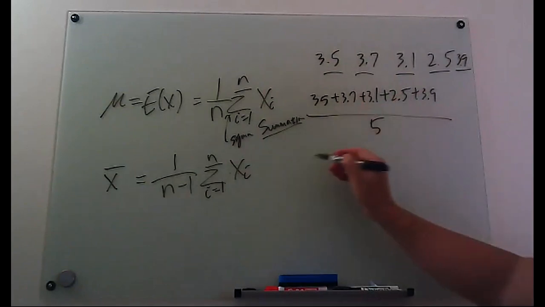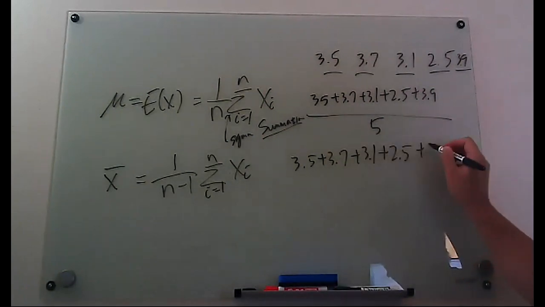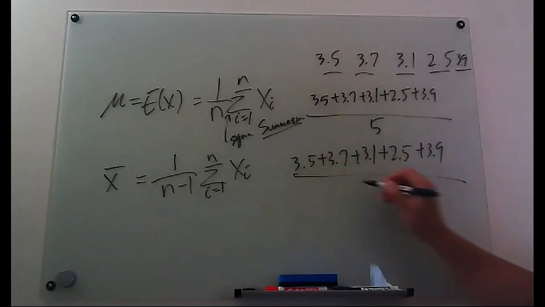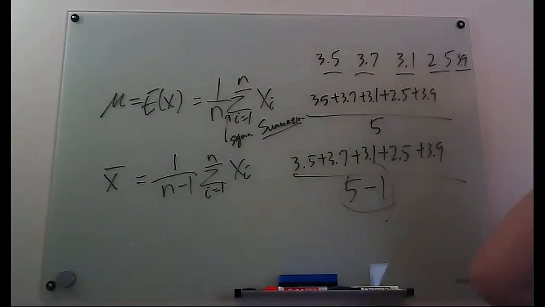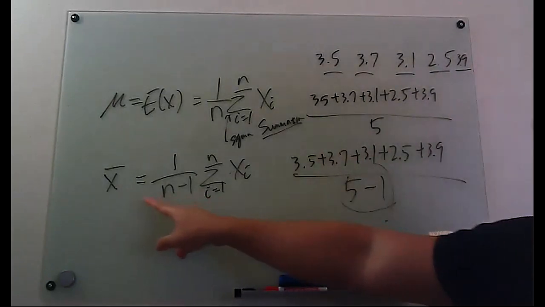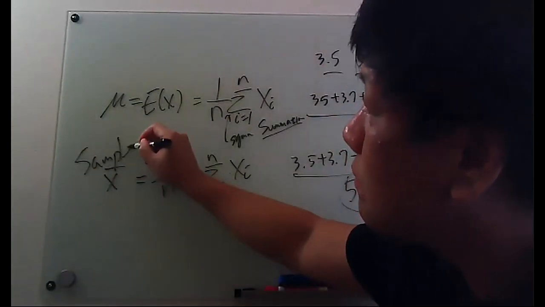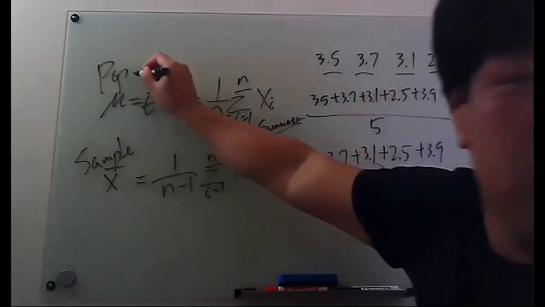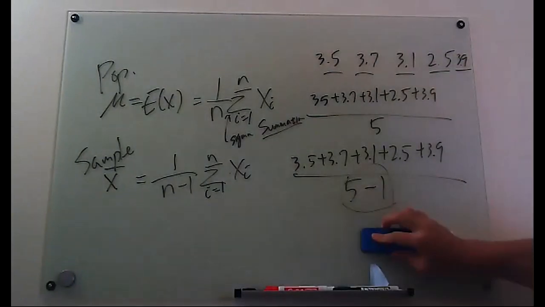Similarly, you would get 3.5 plus 3.7 plus 3.1 plus 2.5 plus 3.9 over 5 minus 1. This is a key difference: you are subtracting 1 in the denominator. That is the sample, and this was the population. Similarly, for the variance, I will erase that.